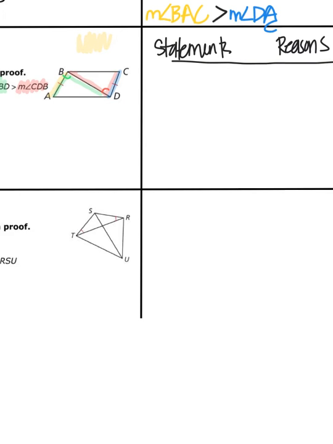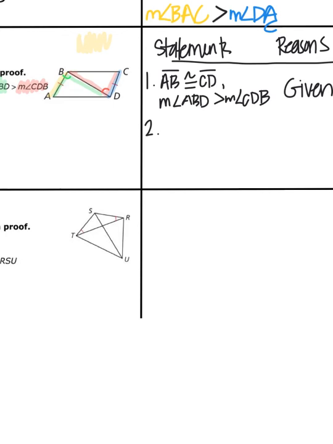And so for my first statement, I'm going to restate the givens. I'm going to state that AB is congruent to CD and that the measurement of angle ABD is greater than the measurement of angle CDB. Those are my givens.